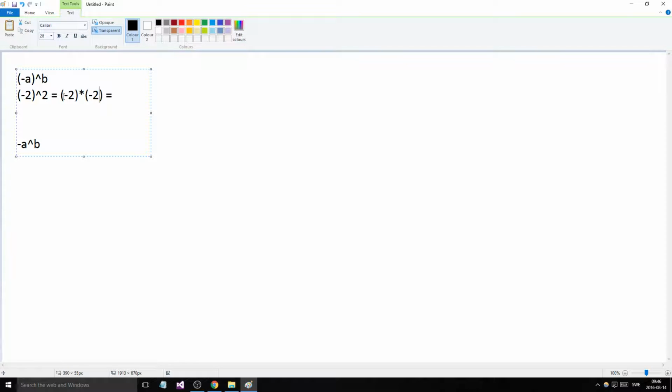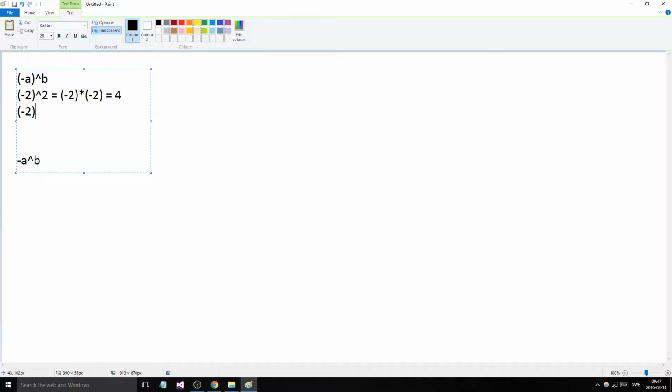Anything negative multiplied by something negative is positive, so this gives us a positive 4. So with an even exponent, you get a positive number with a negative base.